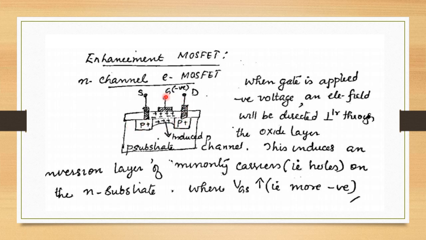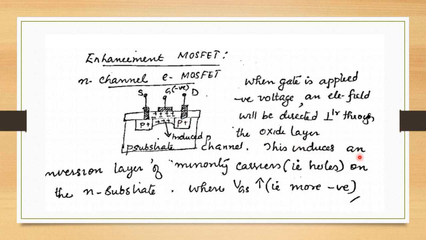Now what happens when the gate is given a negative voltage? When the gate is applied a negative voltage, an electric field will be directed perpendicular through the oxide layer. So here the positive and here a negative, and a P channel is induced between the two P plus regions.